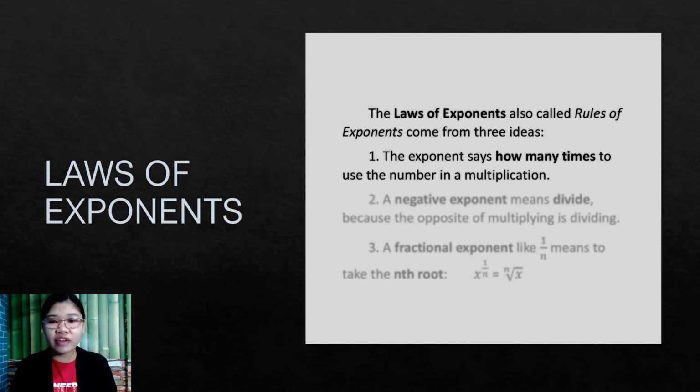So next we have a negative exponent, which means divide, because the opposite of multiplication is division, or the opposite of multiplying is dividing. So if we have a variable a raised to a negative exponent, for example, a raised to negative b, that is also equal to 1 over a raised to b, meaning our exponent, negative b, became positive b.